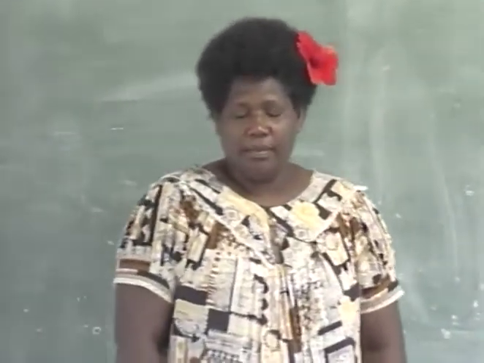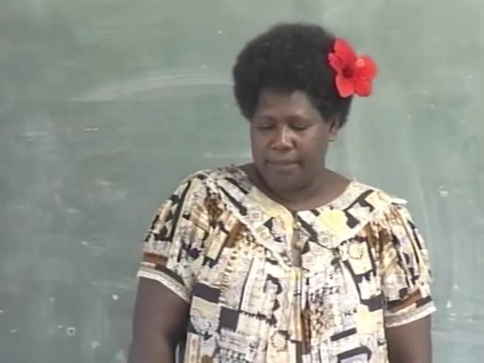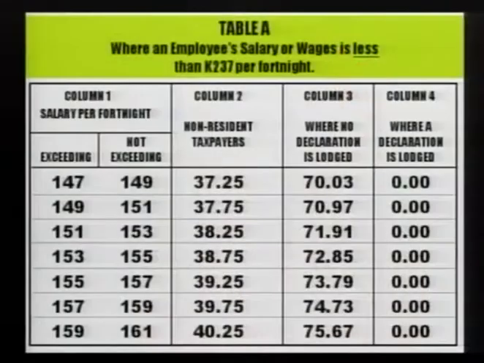That's the part of the table that has been enlarged for you, and 153 kina 40 toya is between 153 and 155 kina. If he's a non-resident, he has no choice but to pay 38 kina 75 toya. If he doesn't lodge a declaration, he pays 72 kina 85, but because he's lodged the declaration, he doesn't pay any tax.